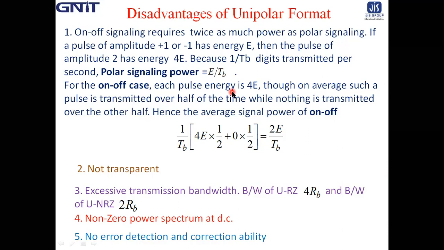on-off signaling or unipolar signaling, it is actually called on-off signaling, because 1 is like an on and 0 is like an off. On-off signaling requires twice as much power as polar signaling.